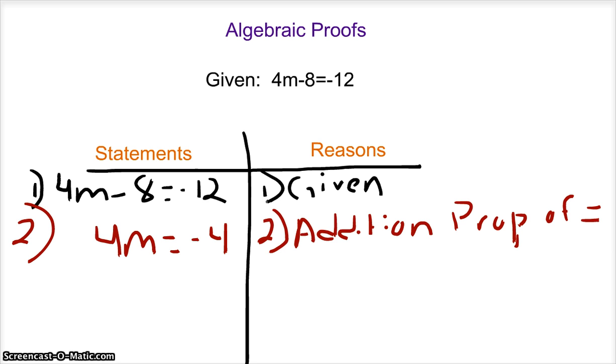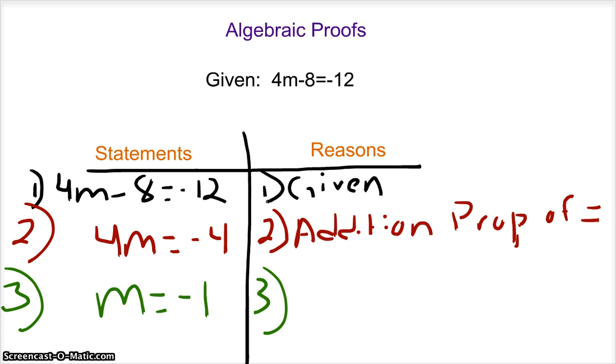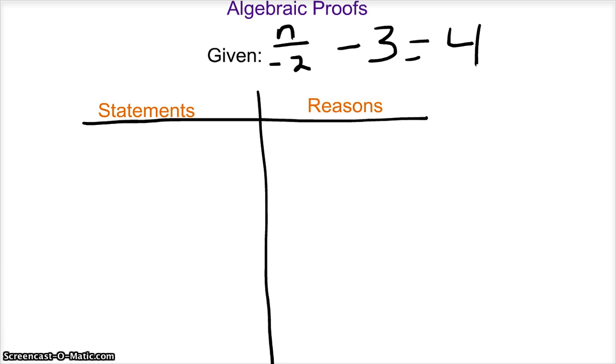Alright, then my step 3 is I would divide by 4 on both sides. So I'd be left with m equals negative 1. And since I divided on both sides, that would be the division property of equality.